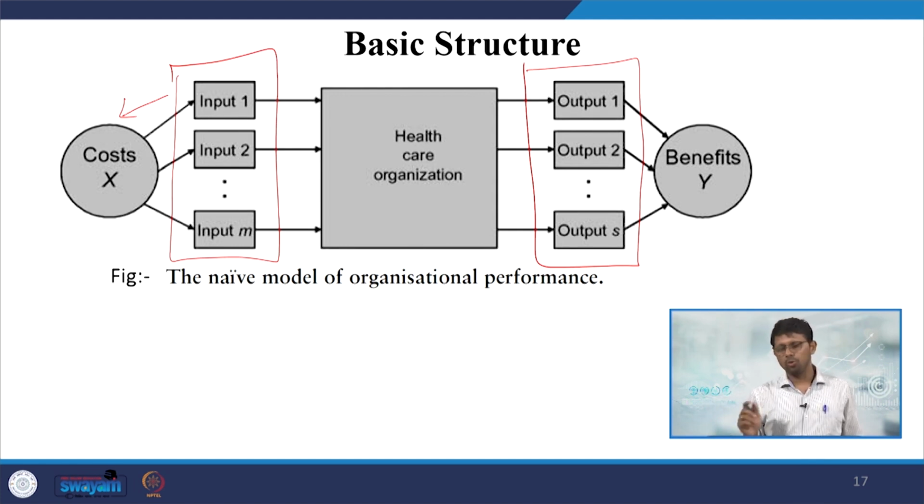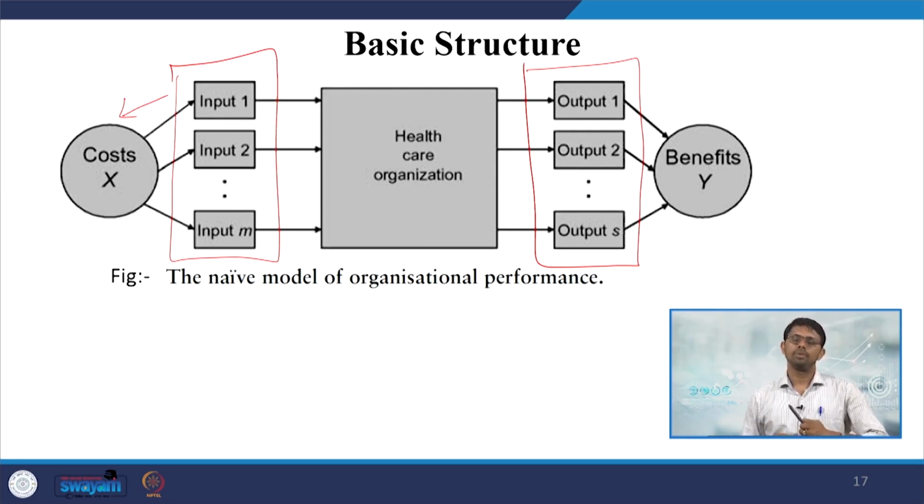Whereas when I say output of healthcare, maybe the number of treated persons over a time period may be an output, maybe the cost minimization may be an output, and maybe the number of persons who have given better feedback out of their consultations.